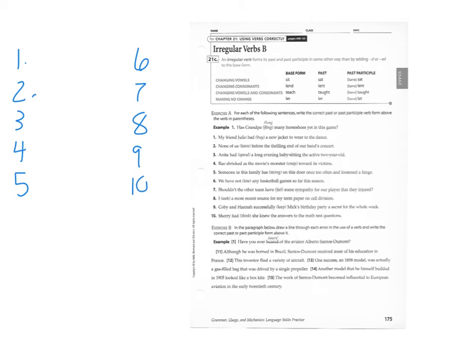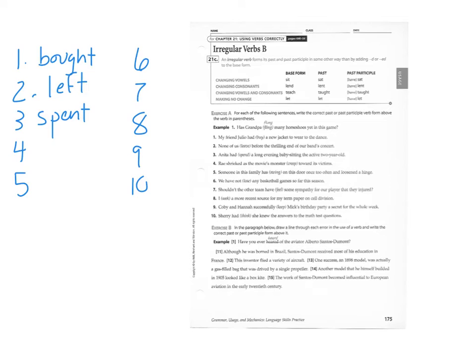Okay, so the past participle, because you have a form of have, all right, is going to be, for number 1, bought. For number 2, you have the past of leave, so it's going to be left. For number 3, you need the past participle of spend, because you have a form of have, so it's going to be spent.